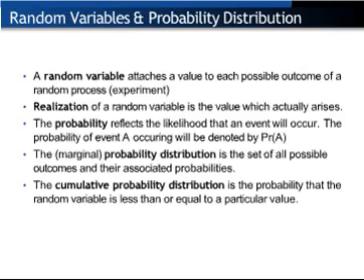The probability of event A occurring will be denoted by P(A). The marginal probability distribution is the set of all possible outcomes and their associated probabilities. The cumulative probability distribution is the probability that the random variable is less than or equal to a particular value.